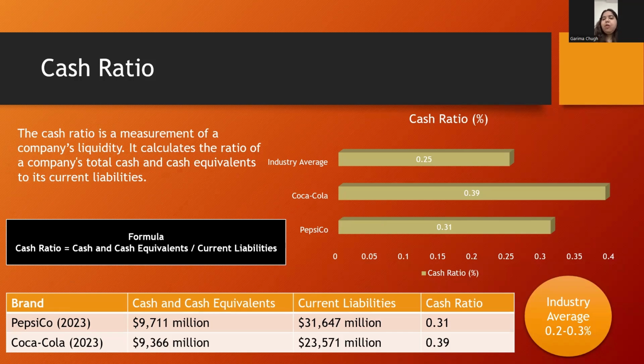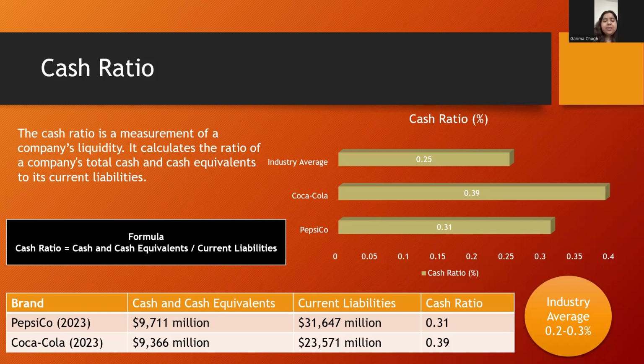Both companies are performing well within the industry benchmark of 0.2 to 0.3, suggesting they have a strong cash position to cover short term liabilities. A higher cash ratio means Coca Cola has a slightly better ability than PepsiCo to meet its immediate obligations using only its cash and cash equivalents.